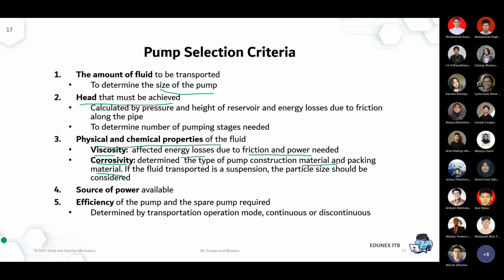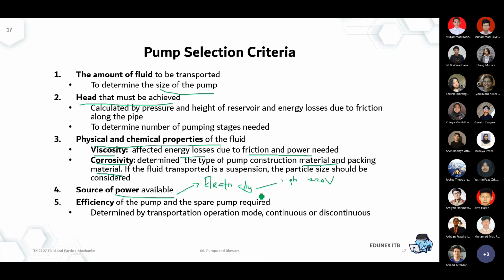Okay, and then the source of power available. Maybe that's like, can you simply use the electricity that is available in your home? In your home that will be one phase, 220 volt. That's the common voltage in your home.